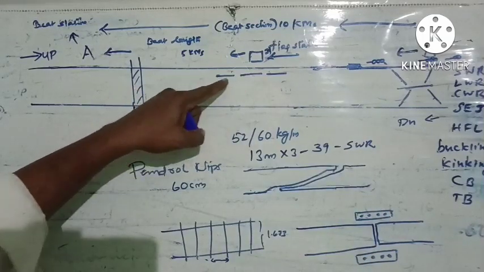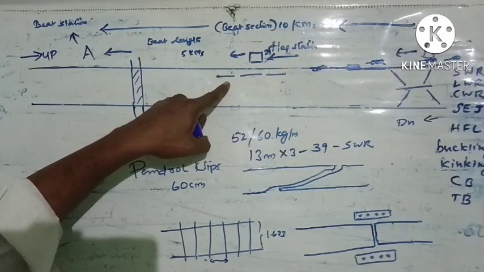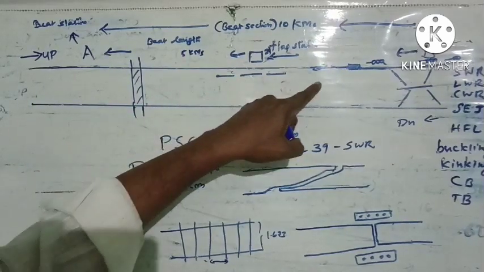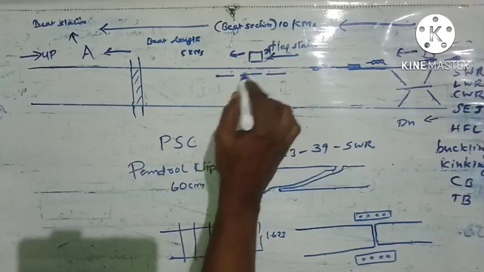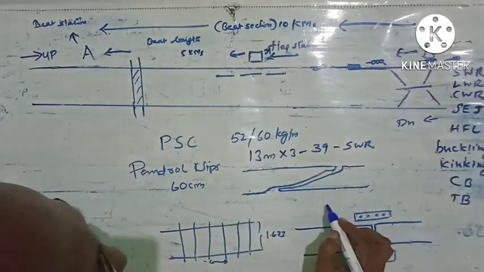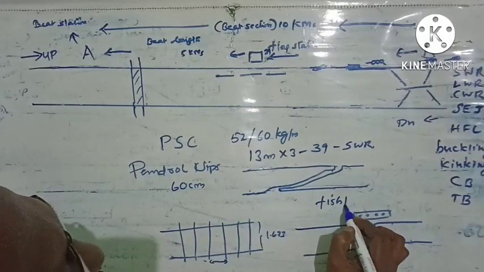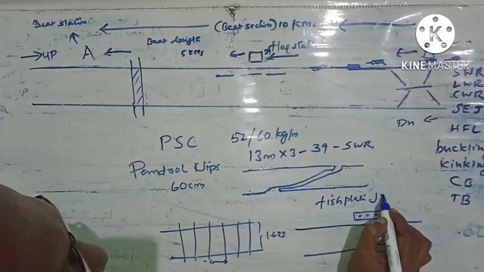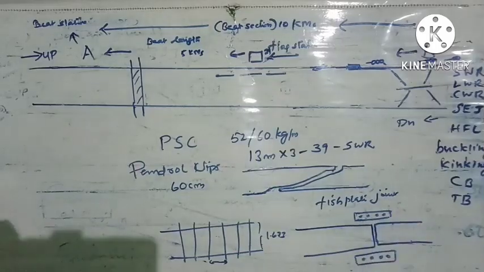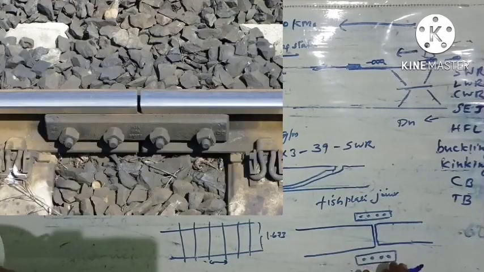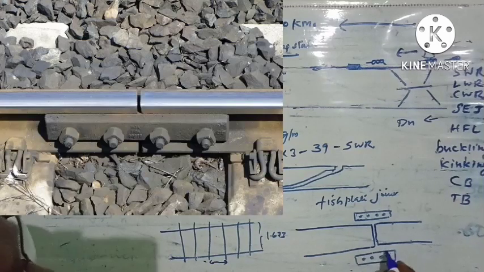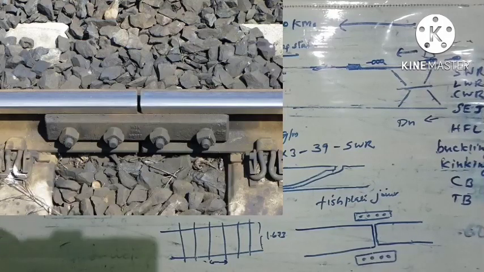These 39 meter length rails will be continuously joined. The joint of these rails is normally called a fish plate joint.